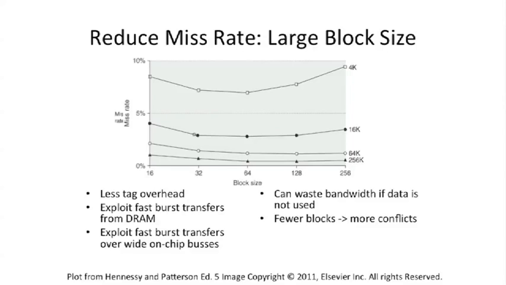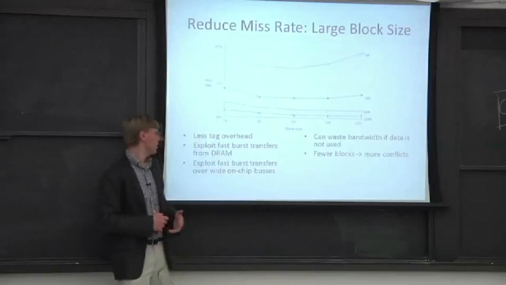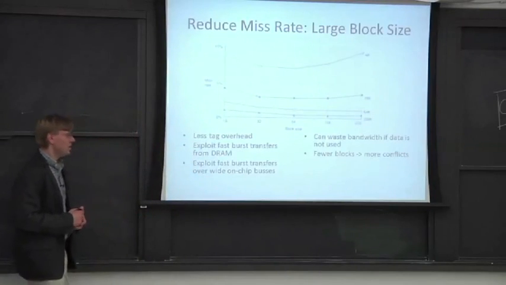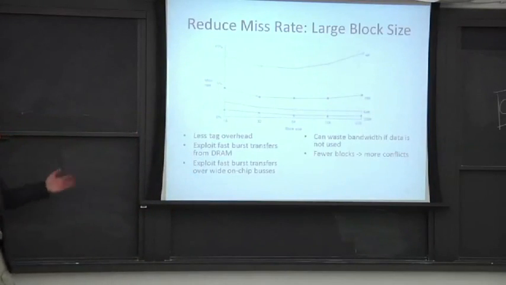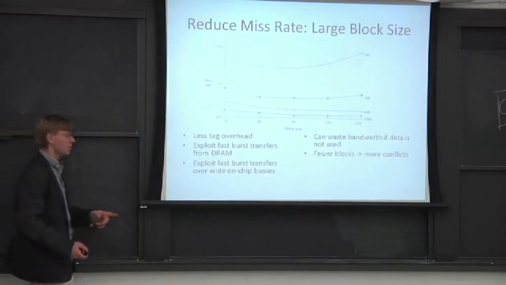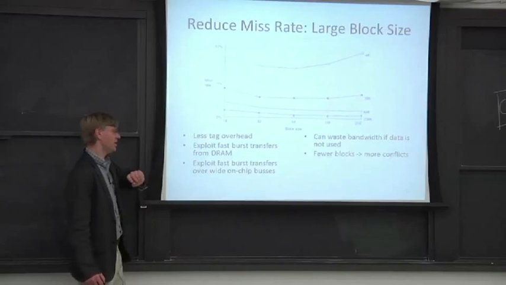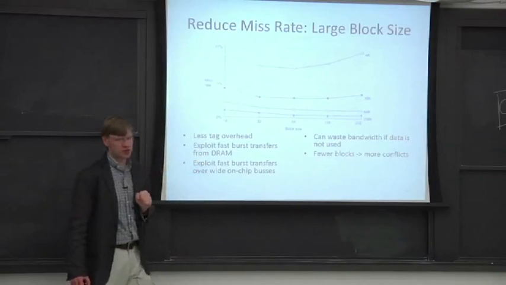Let's talk about that. If we have a larger block size, we need less tag overhead. We talked about that already in the tag lookup slide. If you have longer block sizes, you can think about having more burst transfers from your DRAM.